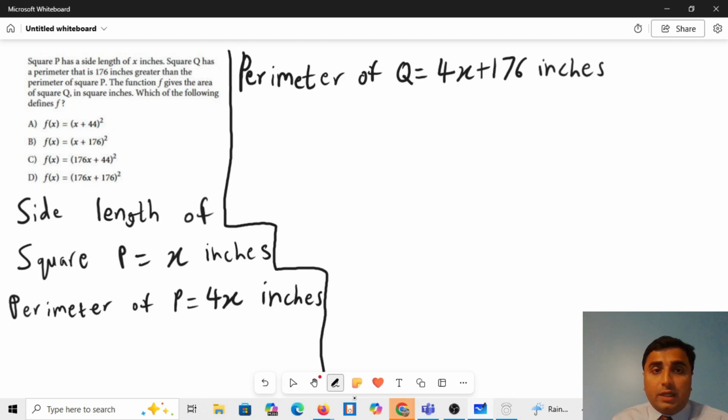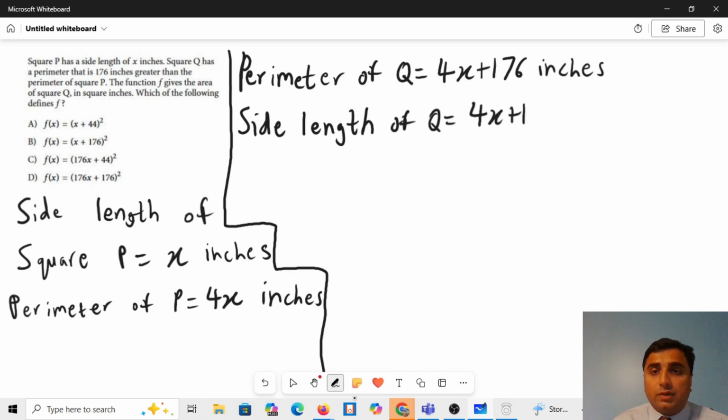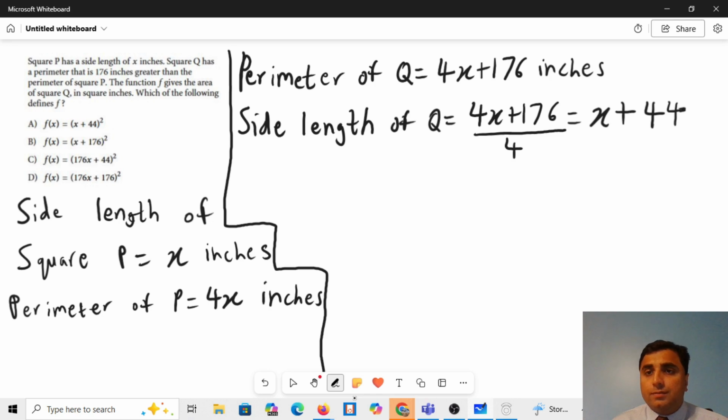So once again, we find the side length of square Q. Side length of Q is going to be equal to 4x plus 176 divided by 4, and that is going to be equal to x plus 44 inches.